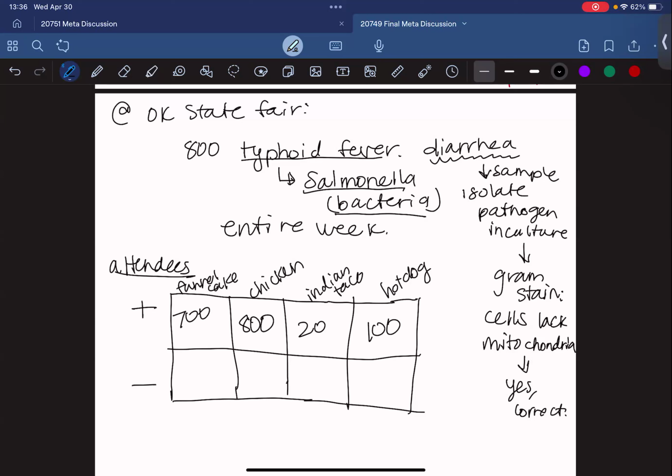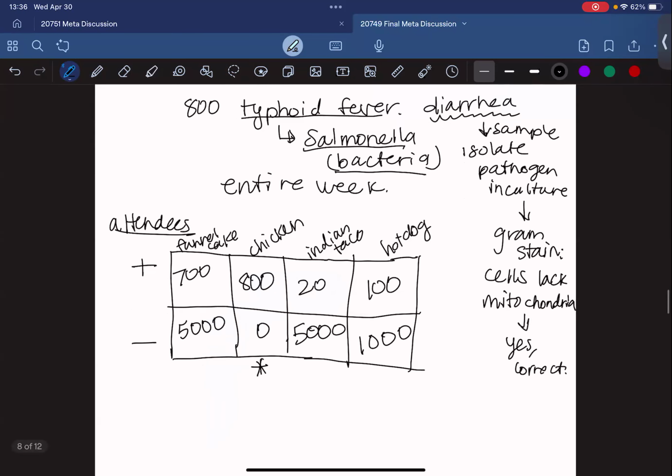Of the people that don't have the disease, we have 5,000 that went to the funnel cake place, 0 that went to the chicken place, another 5,000 that went to Indian tacos, and then 1,000 that went to the hot dog place. Based on this, we would suspect that the salmonella originated from the chicken place, right? All right, so this is pretty good correlation.